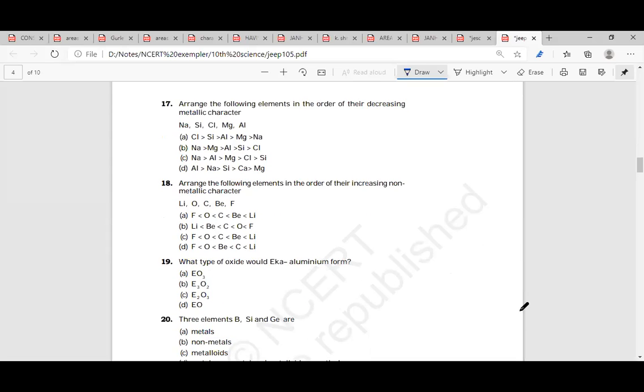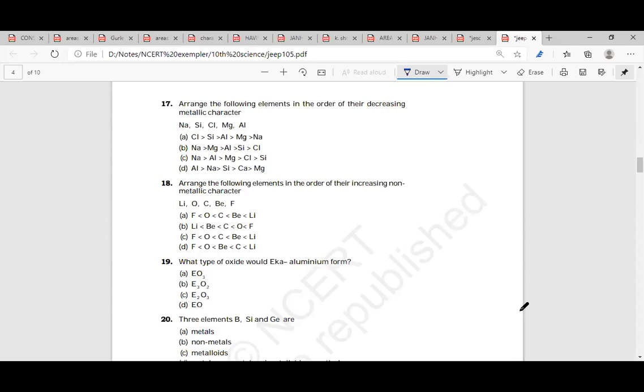Arrange the following elements in order of their decreasing metallic characters. Do all these elements belong to the same group or same period?